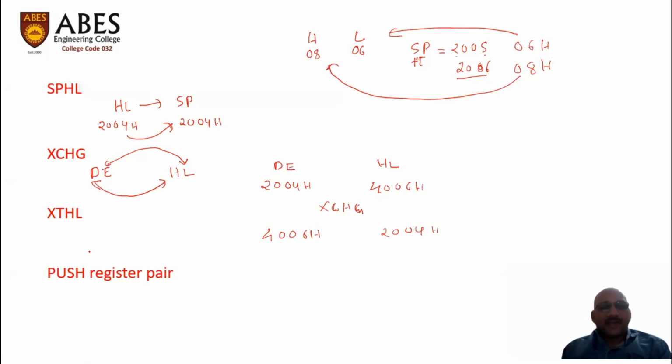The stack is the area in the read-write memory which is used to store the return address. For example, when you call a function, after doing the work in the function, when you return from the function, it will reach the main program. How will it happen?